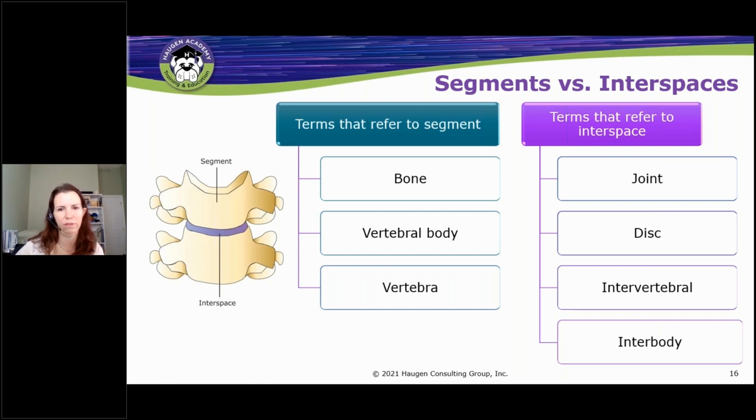Fusing a single level technically includes two vertebrae and the interspace or joint space between them. A single vertebra could not be fused to itself. So a good way to count levels in spinal fusion is to count the interspaces or the joints in between rather than the actual vertebral segments.